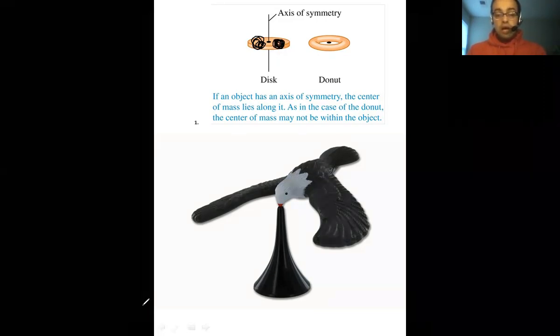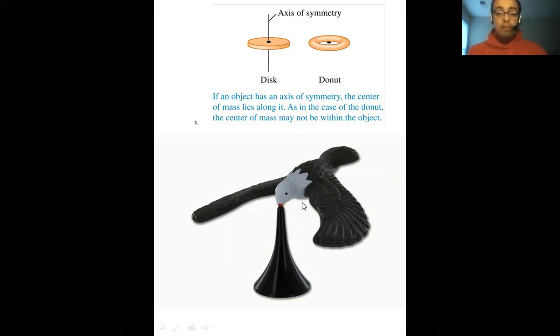What's interesting about a center of mass is it does not necessarily have to occur within the bounds of that object. So if you have a donut that is perfectly symmetrical, its center of mass is in the center of the donut, which is not actually inside where any of the mass or any of the stuff actually is.